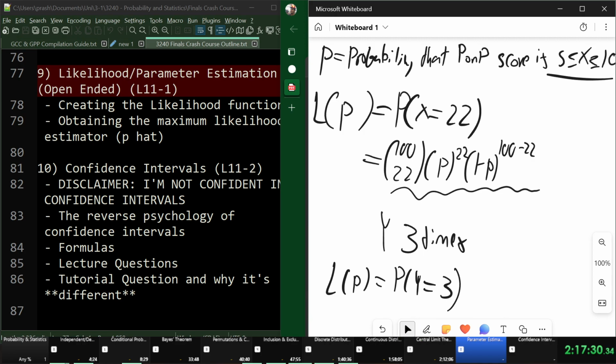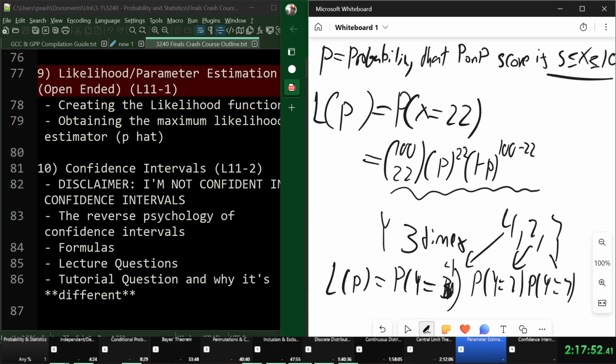In the tutorial, you've got that network disconnecting question, where it disconnected 4, then 2, then 7 times. And that was the data that you measured. So you would have y equals 4, and then y equals 2, and then y equals 7. Because it happened 4 times, then 2 times, and then 7 times.